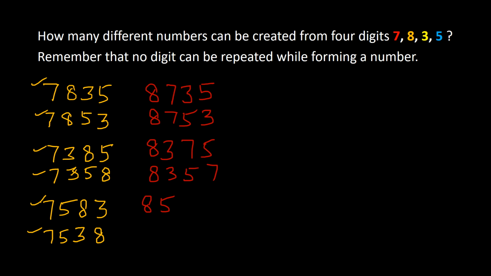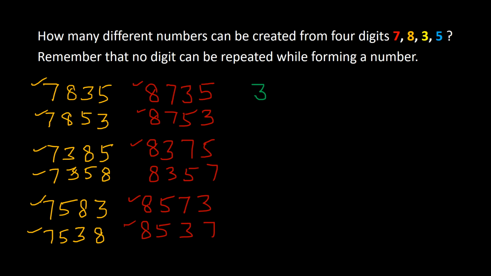Likewise, when the first two digits are 8, 5, then the last two digits can be either 7, 3, or 3, 7. So again we see that maximum 6 numbers can be formed when we start with the digit 8. In a similar manner, we can see that 6 numbers can be formed by starting with the digit 3.